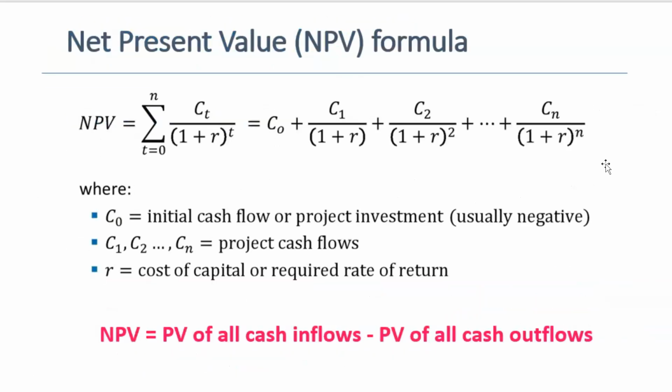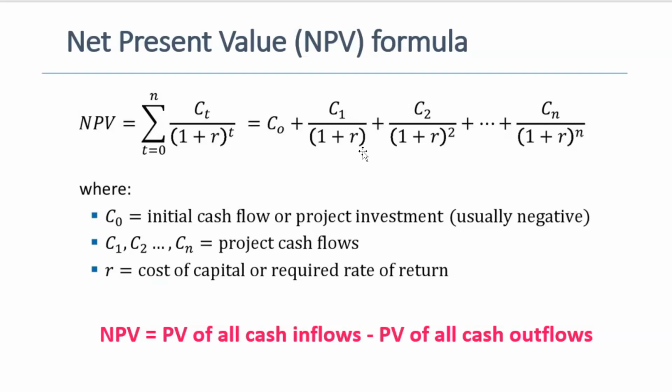The official formula might look rather complex, but in fact it's not. It's just a mathematical expression of the idea that we take all cash flows. Have a look at all our terms in the numerators: C0, C1, C2, and so on, Cn. These are our cash flows in different time periods. All we do is discount them using an appropriate discount factor, and the discount factor will relate to the time period.